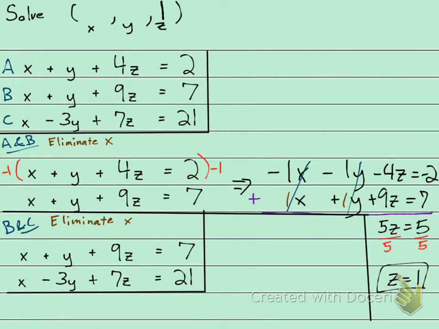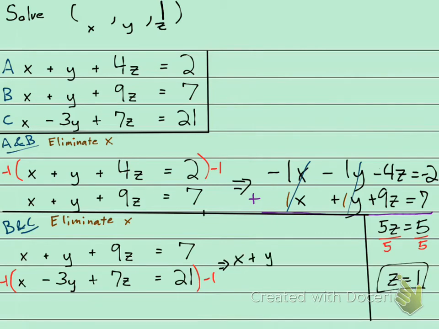So I'm going to have to change one of my equations to give me a negative x. Let's multiply the second equation by negative 1. It doesn't matter which one, as long as the x cancels out. I'm multiplying the left side and the right side times negative 1. Let's bring our system over and see what we have now. Top equation: x plus y plus 9z equals 7.